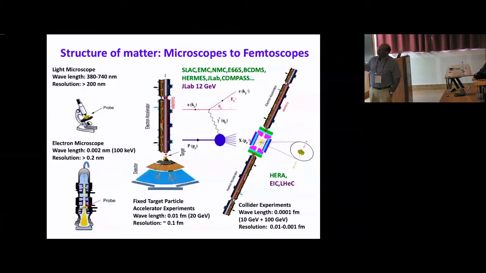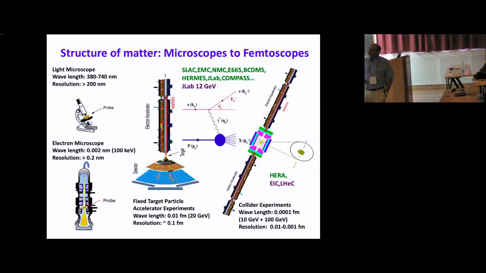And so here's the cartoon of what this machine was actually doing, where you had electrons scattering off protons and nuclei, and then probing deep within these at wavelengths of now very small distances.